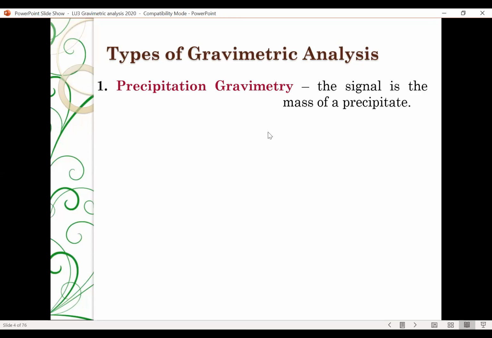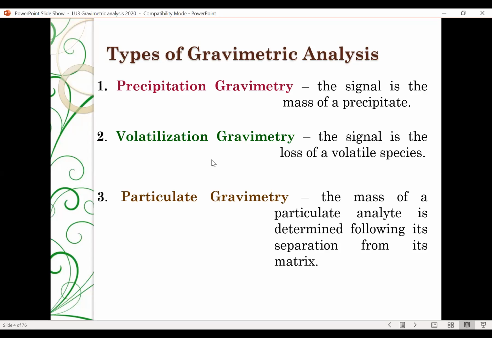Volatilization gravimetry is signaled by the loss of a volatile species. For example, you use heat to lose mass from your sample, and the volatiles coming out of your sample during the heating process are called the volatile species.